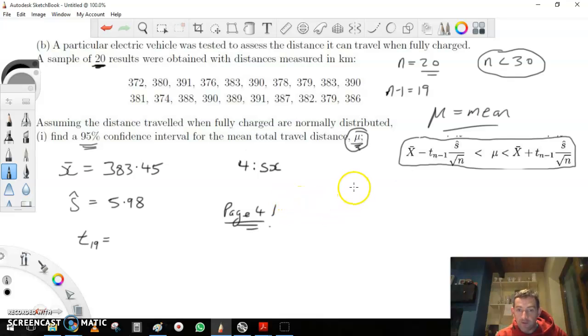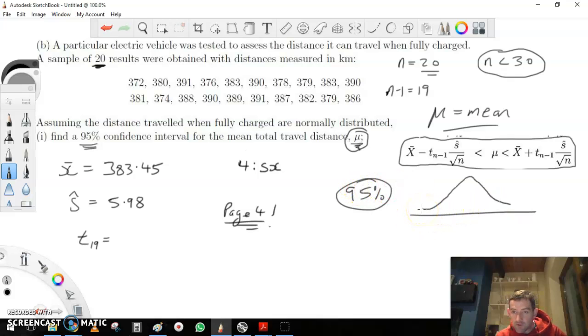We figured that out by looking at the 95% confidence interval. Now this is going to be a two-tailed test. So we're trying to figure out values for mu that fall between these two limits here. Both sides are going to add up to 5%, and 5% is the same as 0.05.